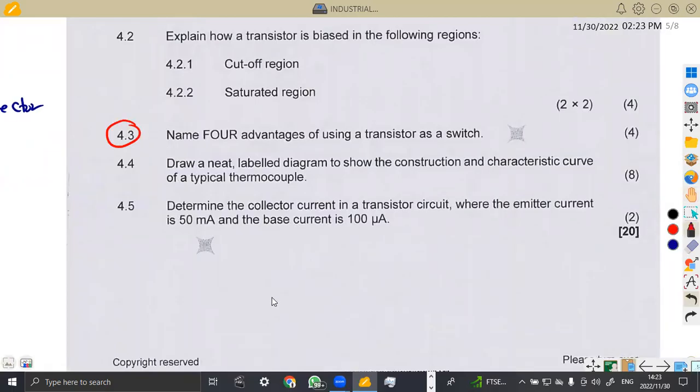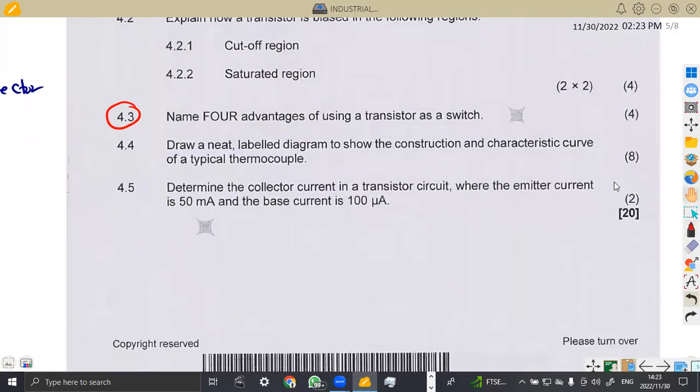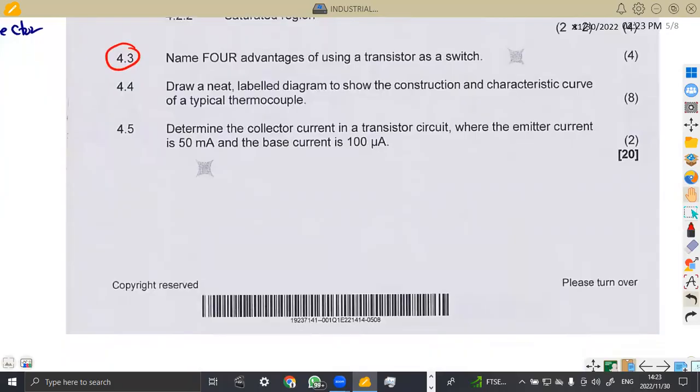Question 4.3: we are now asked to name 4 advantages of using a transistor as a switch. There is no wear and tear on switchgear, just like those normal switches that we used to have.